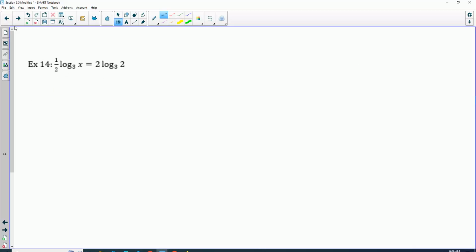Why don't you guys try this one? So I have coefficients on both sides. Those both turn into exponents. At this point, I have a single log base 3 on each side, so we can drop it.